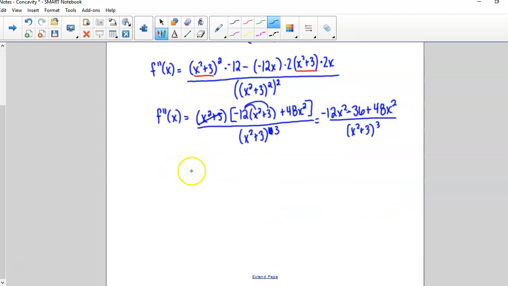And so that gives us 36x squared minus 36 over x squared plus 3 to the 3rd. Questions?